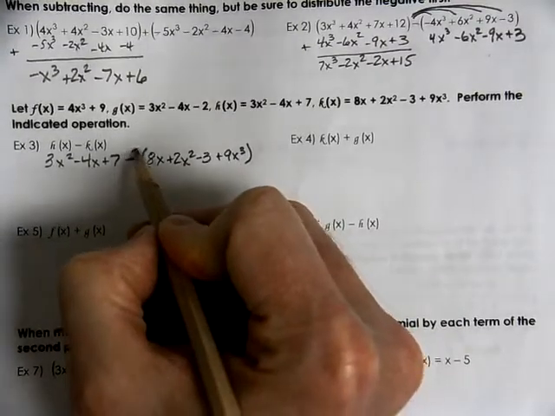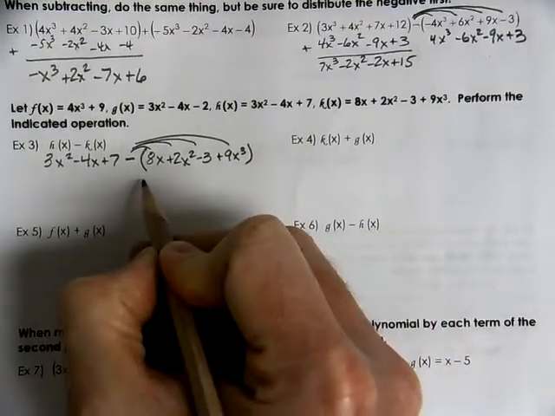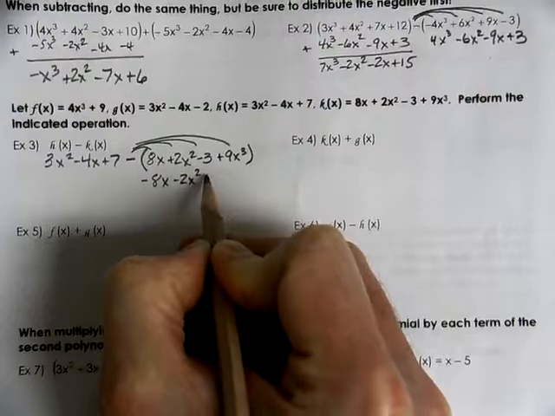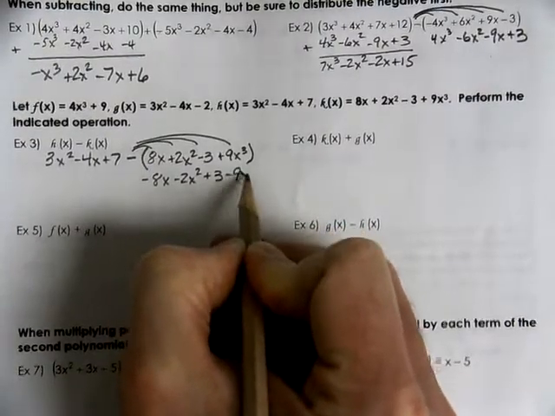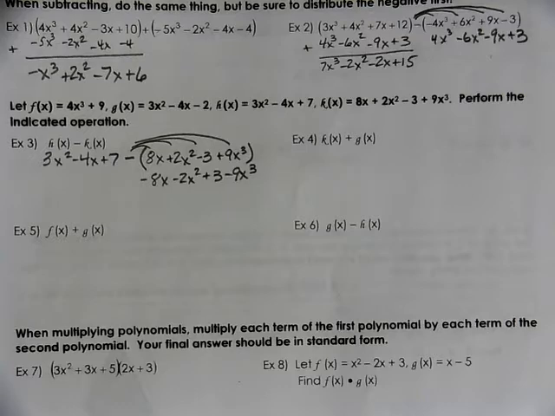First thing we would do would be to distribute your negative sign through the parentheses. So all the signs are going to change.